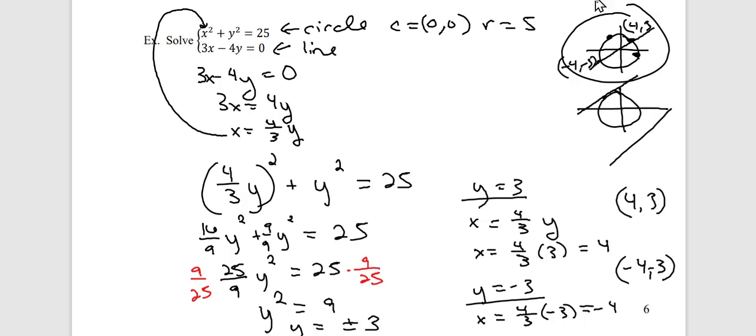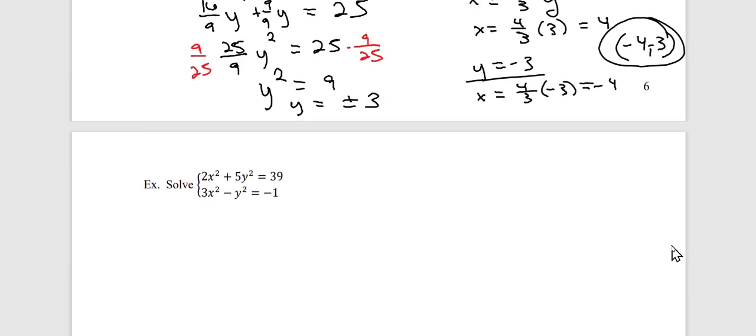We could graph them and we could see, but again, the graph is not necessarily going to tell us, because with this circle, it's really hard to see what points that circle goes through other than the 4 corners of the circle. All right, so we have 2 points, 2 solutions there.